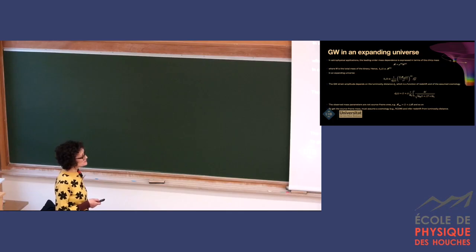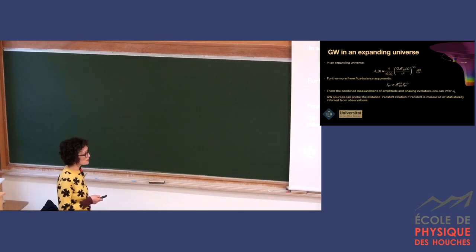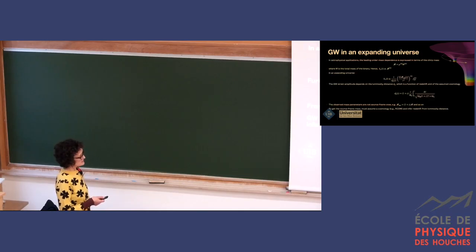In an expanding universe, you have to go from your naive radial separation to a quantity called the luminosity distance that takes into account the fact that the universe is expanding. And so this radial distance becomes something slightly more complicated. And the more generic expression is this one for the luminosity distance. You see it is also a function of your cosmology.